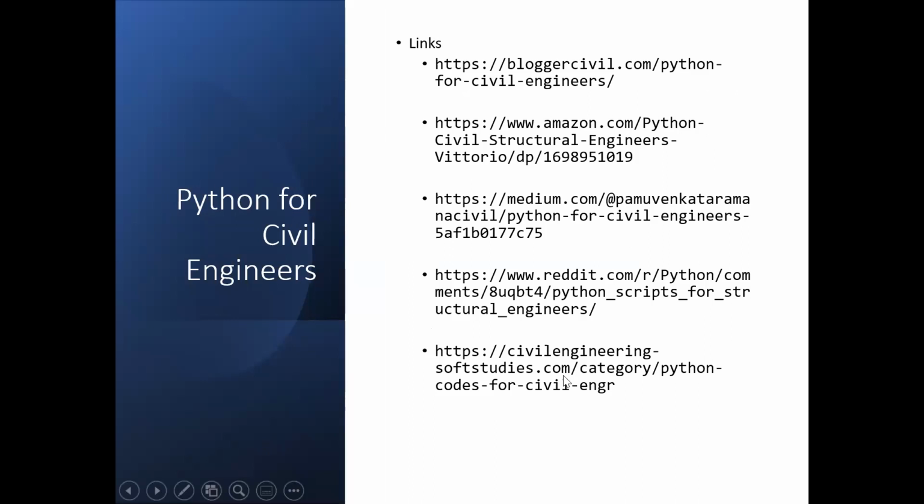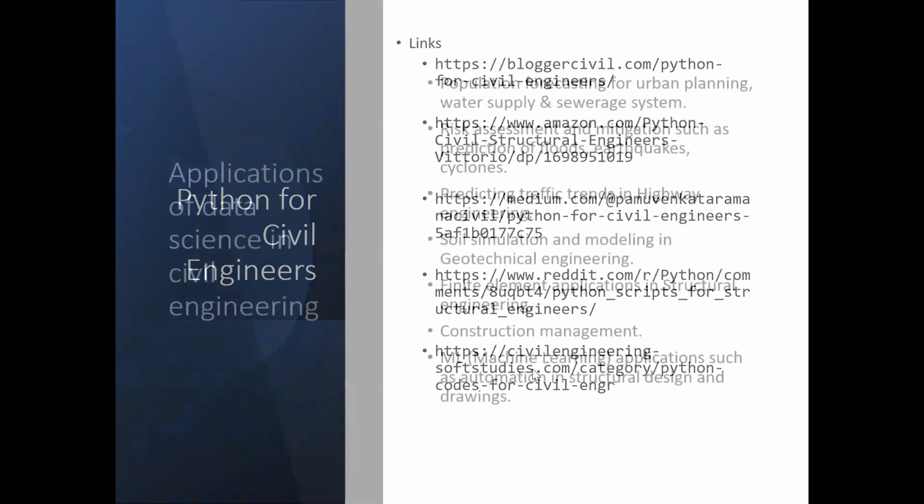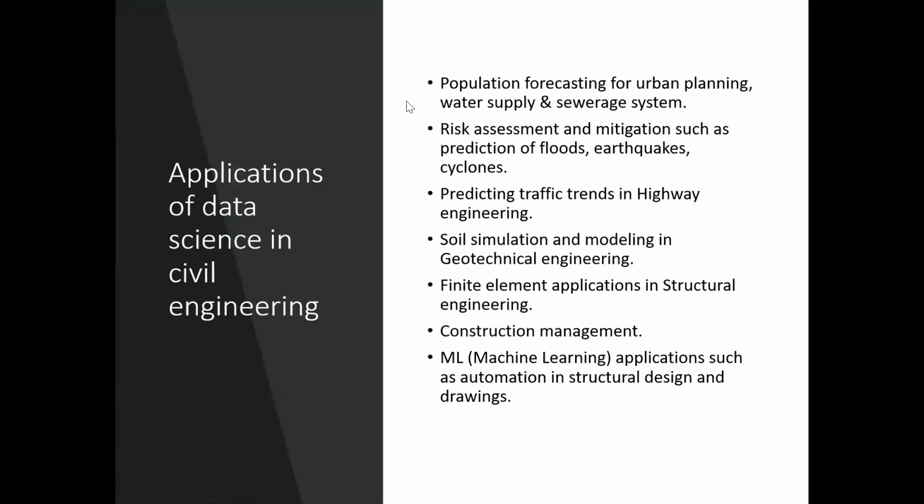I think it's the last one. You can go and visit and learn in more detail how Python is particularly used in civil engineering. You can see from the list that Python is used in different areas of civil engineering. I think the finite element applications we also started at that time, and you can definitely focus on that one.